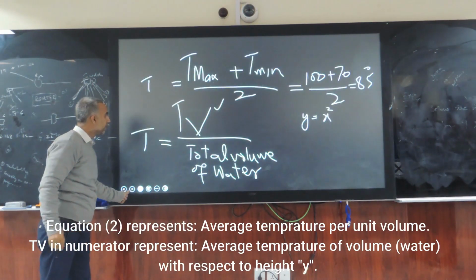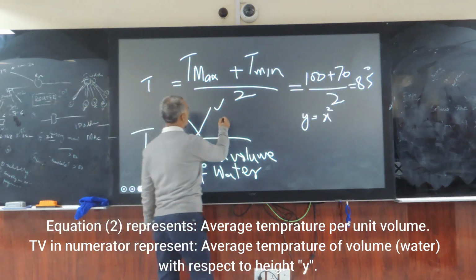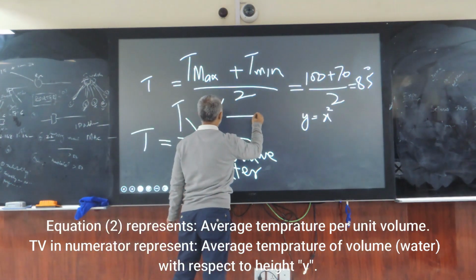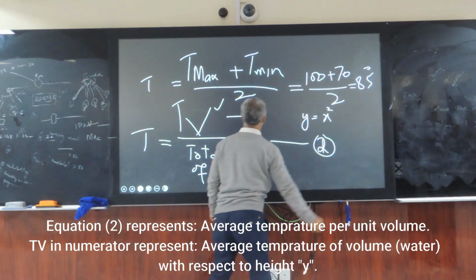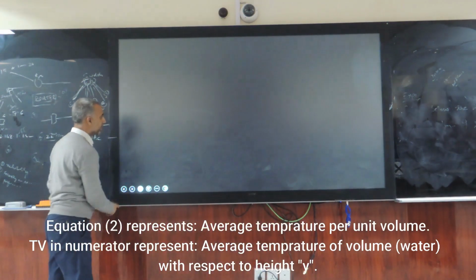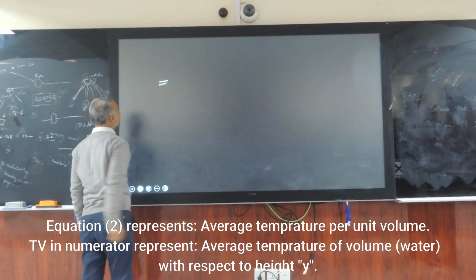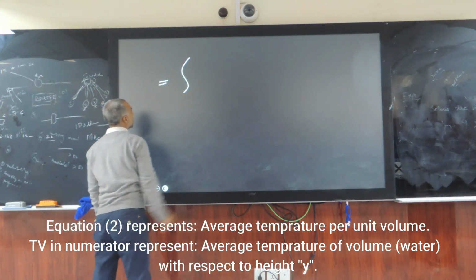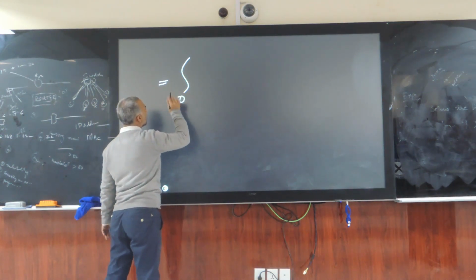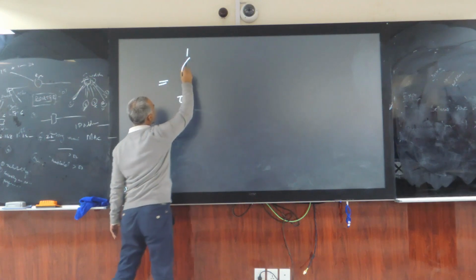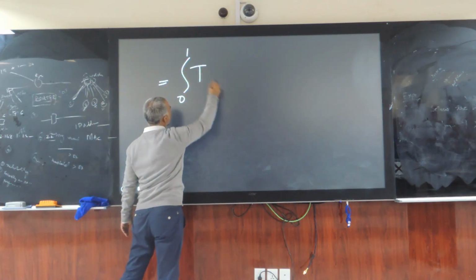So now I am considering the numerator of this equation 2. For this, we see the range is from bottom to top. 1 meter is the height of the bowl, that is 0 to 1 meter, and of course temperature.